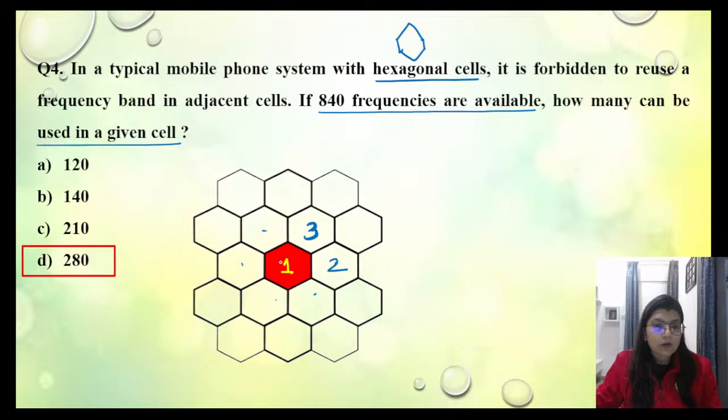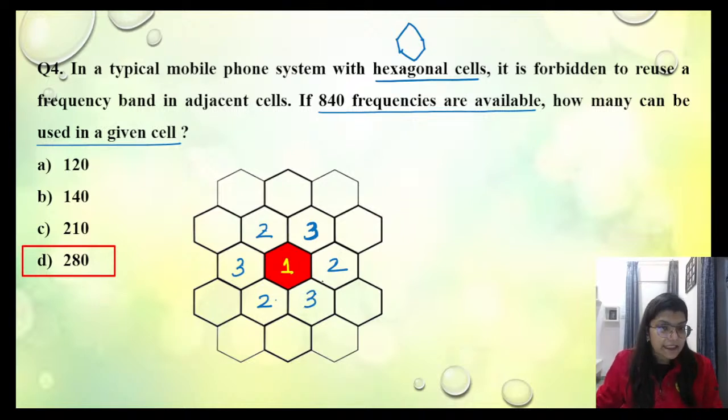Now this cell is connected to this and this, so it cannot have 1 or 3, but it can have 2. Then with 1 and 2, it can have 3. Then with 1 and 3, it can have 2. Then with 1, 2 and 2, it can have 3.